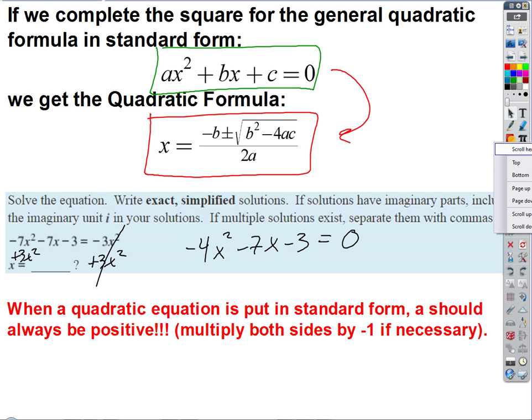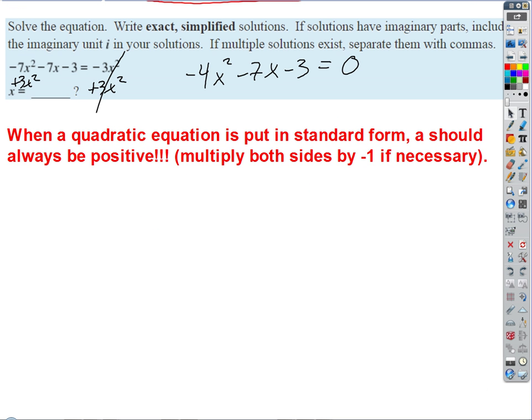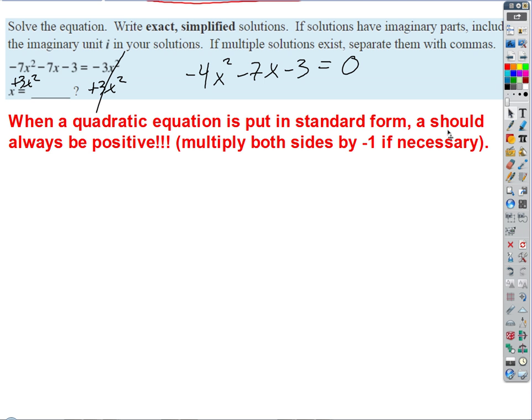So if I multiply each of these by negative 1, what do I get back for the first term? 4x squared. Okay, I get 4x squared plus 7x plus 3 equals 0.